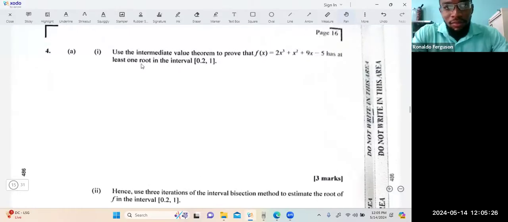Now, use the intermediate value theorem to prove it has a root right here.